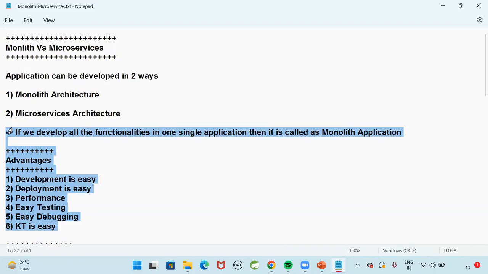Are you guys able to understand what is monolith architecture?